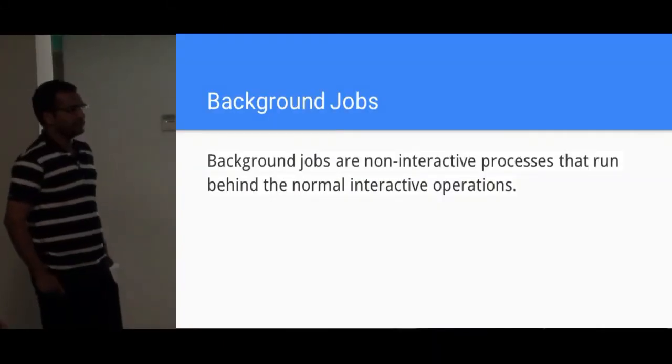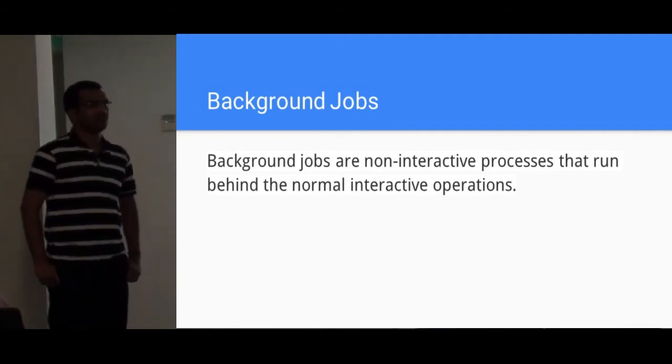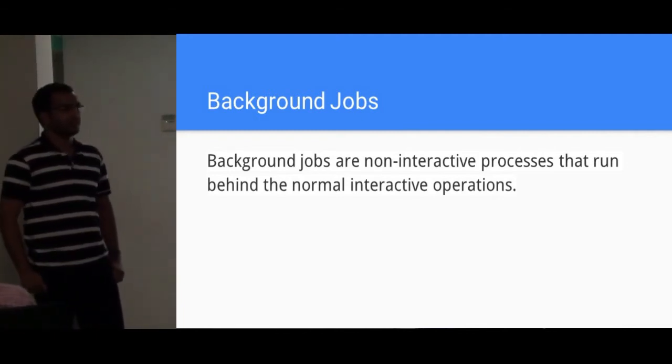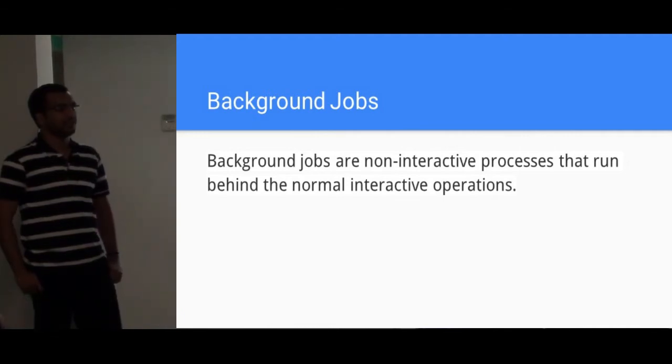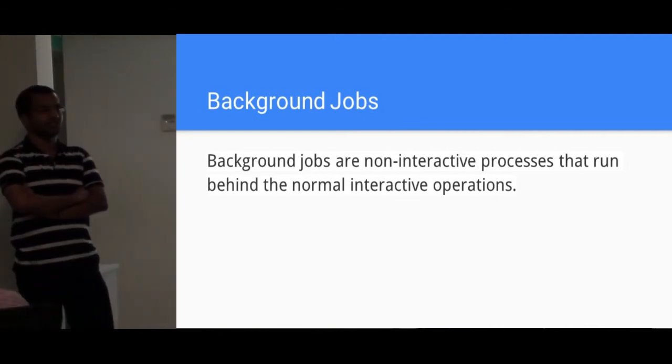Next one is background job. Background jobs are non-interactive processes that run behind the interactive process. This process needs no user input. It can be scheduled as per the user's choice.